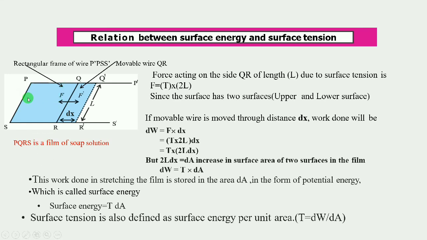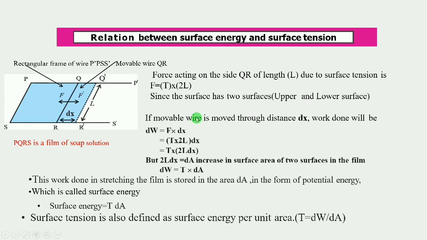It tries to minimize the surface area. So it will try to minimize the surface area of this rectangular frame. As these three sides are fixed and this one is movable, it will exert a force inward, that is, it will decrease the surface area of the film.